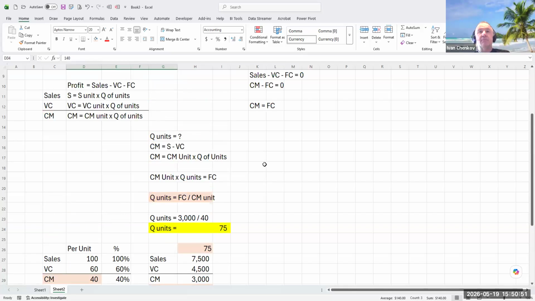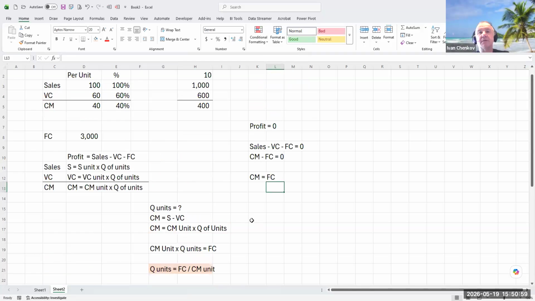So that's with the number of units. Let's go with how much sales you need to generate. That's another equation: how much sales you need to generate in order to get the break even. Let's say now my fixed cost is not 3,000. My fixed cost in this case will be $5,000.